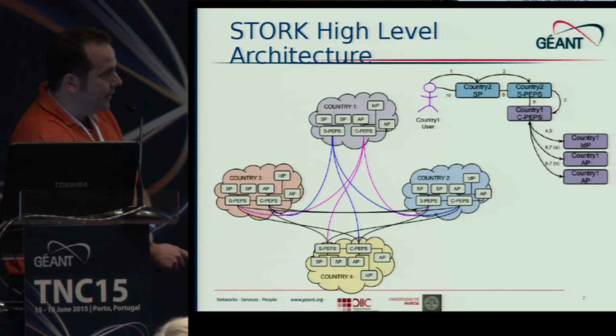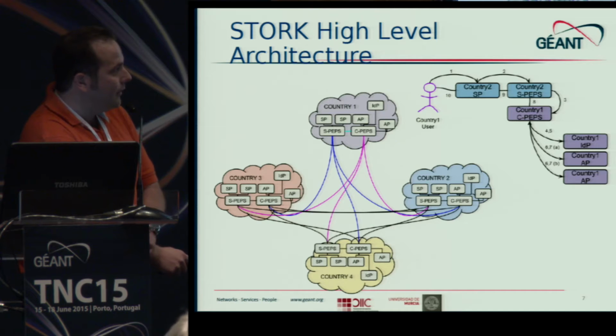After that, it automatically goes to the same country's SPEPs, which has a trust relation with the SP, of course, and is redirected to the CPEPs, his home PEPs. There is a direct trust relation here too, so this is step 3, it goes here, and then he gets identified.